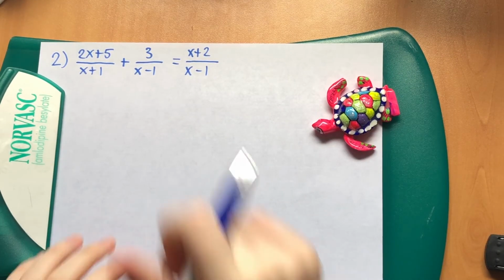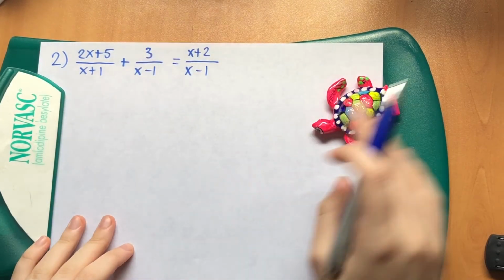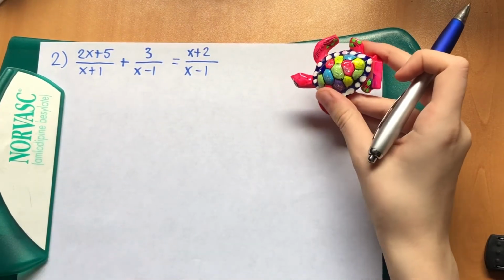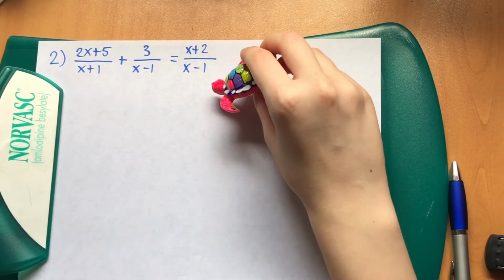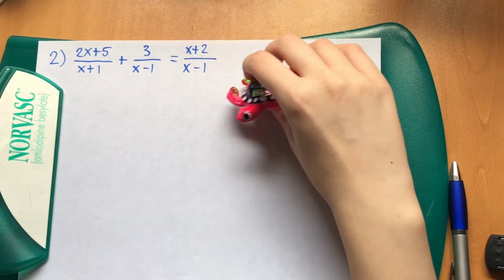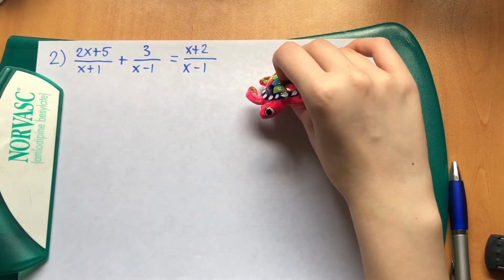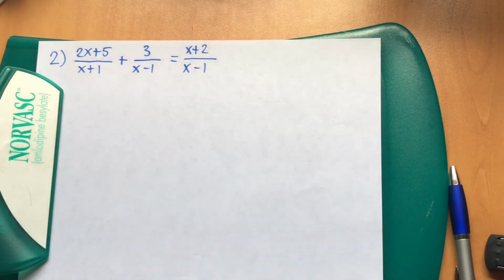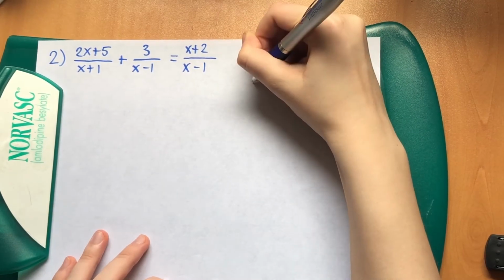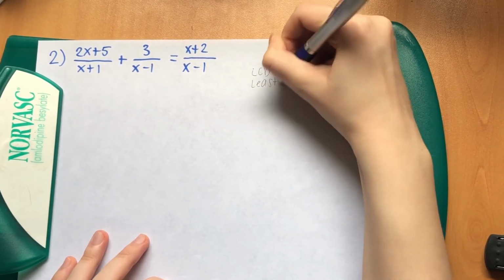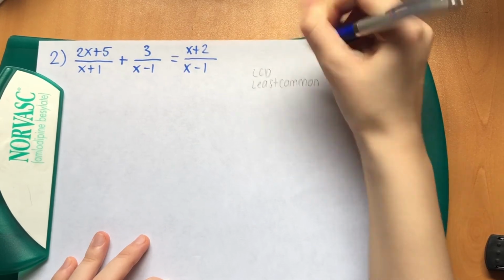All right, let's get started. What do you notice in common with these? Well, this one has x minus 1 and x plus 1, but how are we supposed to make that into a LCD? Well, if you've forgotten, our LCD is our least common denominator.